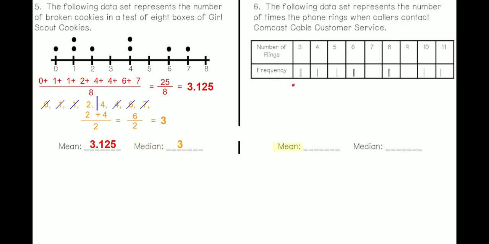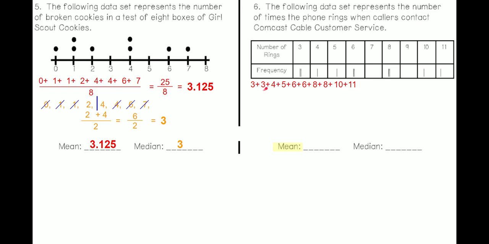Well, we're going to add our data sets. So we have 3, but we're not just going to add 3, 4, 5, 6, 7, 8, 9, 10, 11. It's 3, but we have a second person who picked up after 3 rings, so that's 3 plus 3, plus 4, plus 1 person picked up after 5, 2 after 6, so 6 plus 6, 0 after 7, so you're not going to write plus 7. 2 after 8, 8 plus 8, 0 after 9, 1 person picked up after 10 rings, and 1 person picked up after 11 rings.